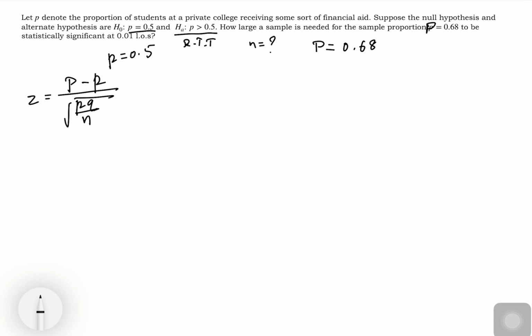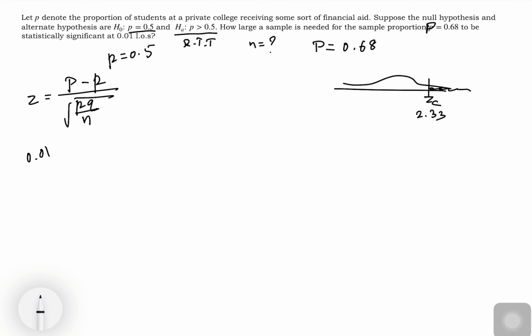So statistically significant means your Z should be greater than, at 0.01 level of significance, it is a right-tailed test. So Z critical is equal to 2.33. So at 0.01 level of significance, anything greater than 2.33, we are going to reject.